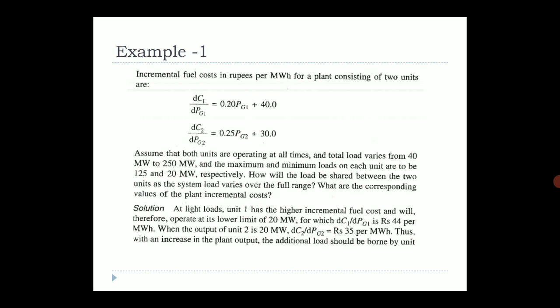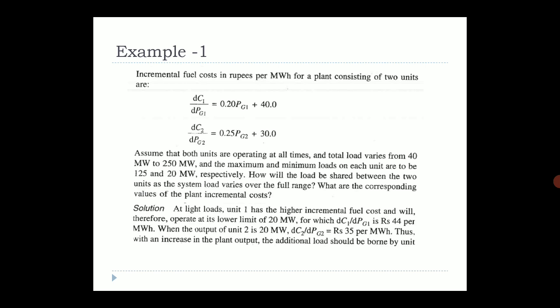Running generator 1 is more costly because its incremental cost is higher. If generator 1 takes, say, 30 megawatt, it will be costlier than running generator 2. So we use generator 1 for the minimum it can produce, which is 20. If we keep it at 20, its incremental cost will be 44.